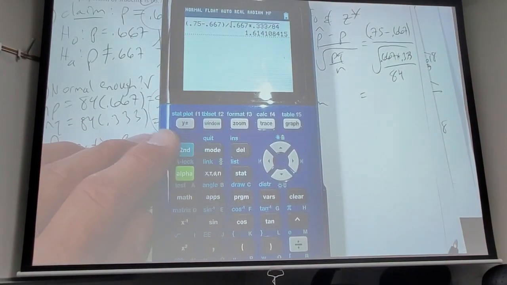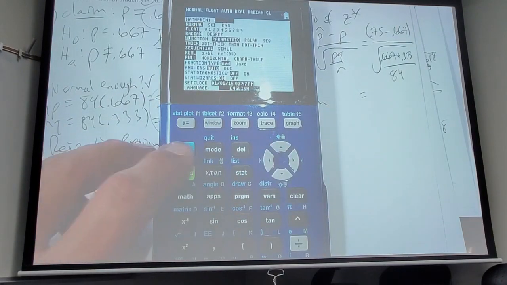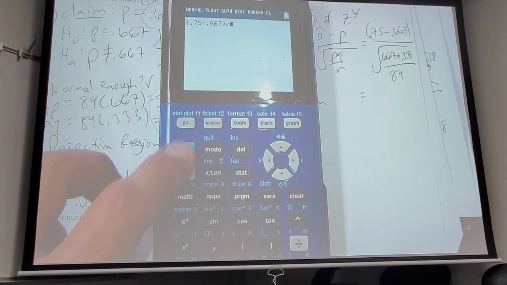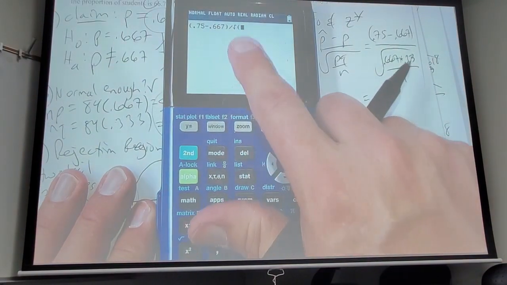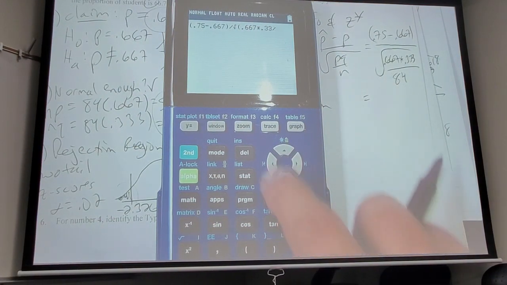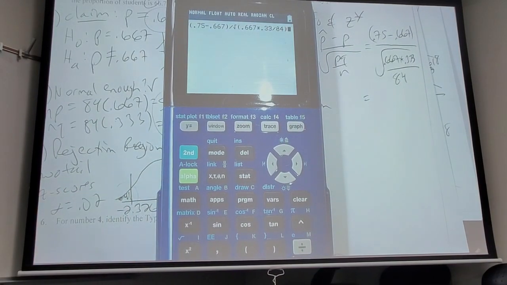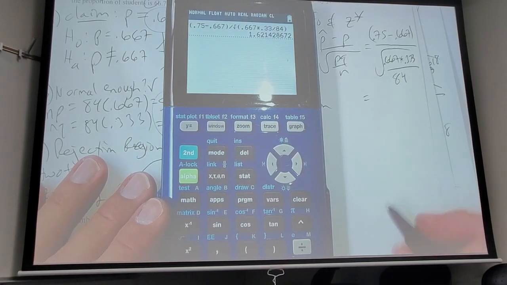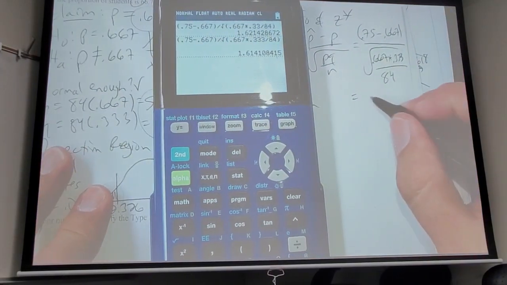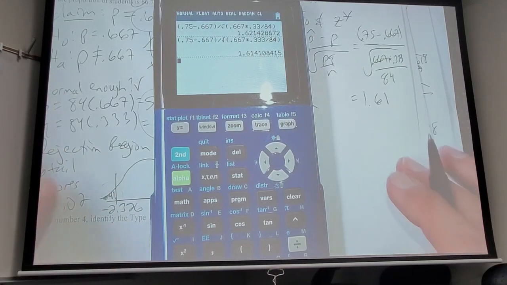If some of you have the square root that does this, do not close that parenthesis until you get all the stuff in there that's supposed to be in there. If you close the parenthesis, you come out of the square root. Oh, I left the 0.333 off, good job. There you go, same number, 1.61, basically.